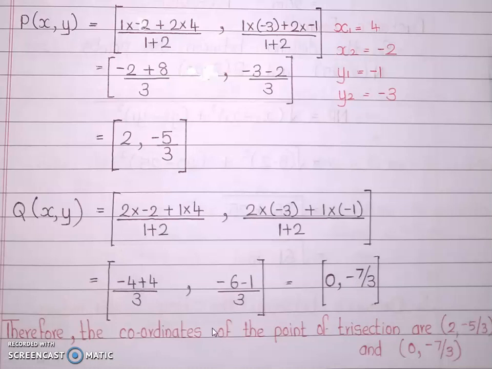At last, you should write the statement as: the coordinates of the points of trisection are (2, -5/3) and (0, -7/3). So what did you understand from this? If you are asked to find the points of trisection, you will have 2 different points as the answer. I hope the concept is very clear now.